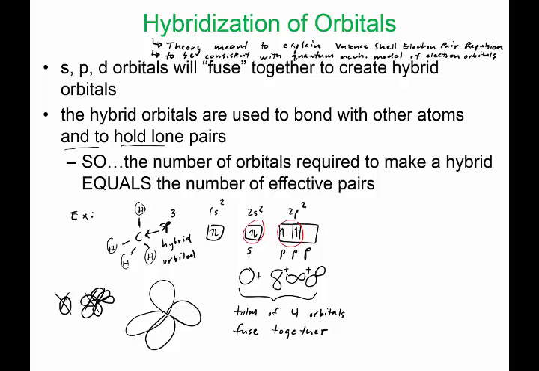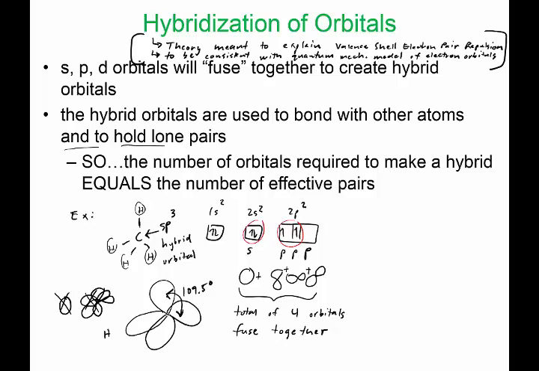Why is it like that? In order to create a shape. The sp3 hybrid creates a shape where the bond angles are 109.5 degrees from each bonded atom.